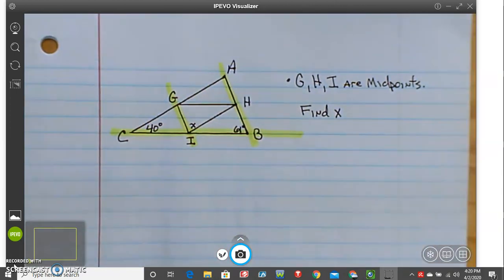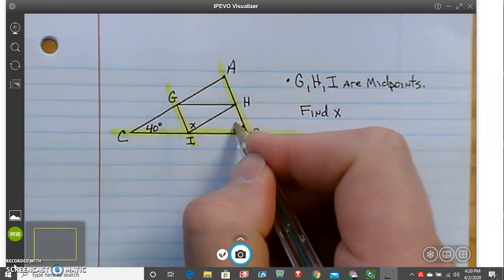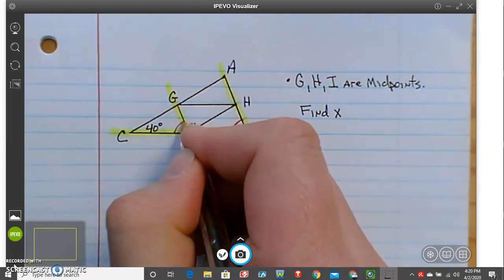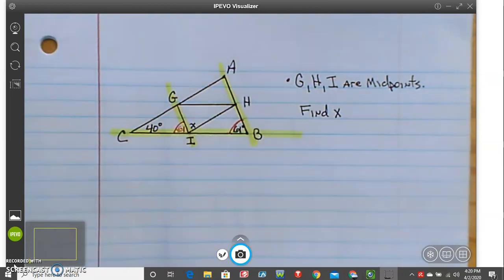Do you remember two parallel lines and a transversal? That clearly tells me I have two corresponding angles. Angle B, the corner, is 61, and it corresponds to this angle, which is also 61.